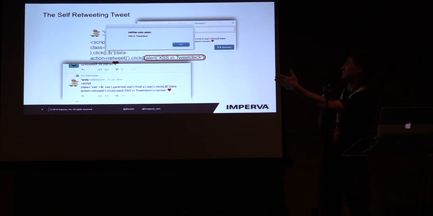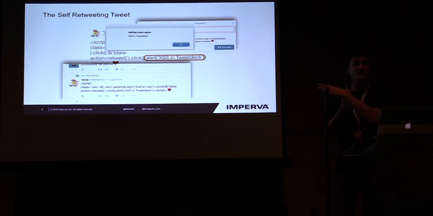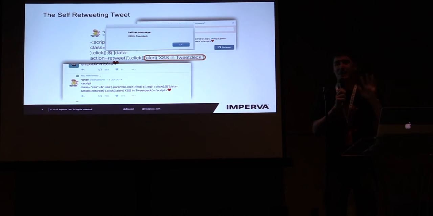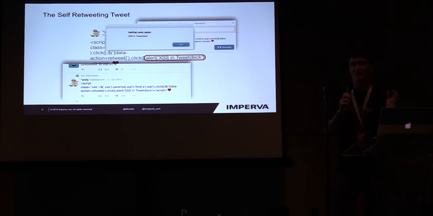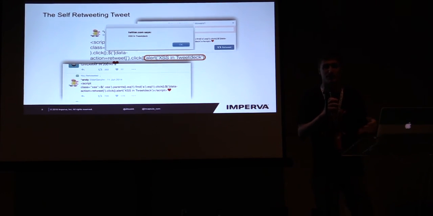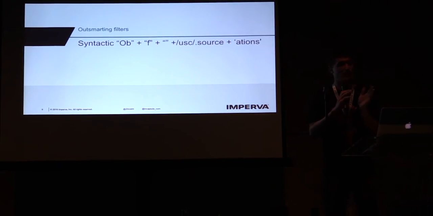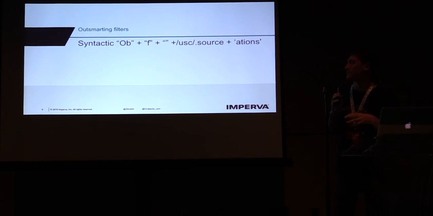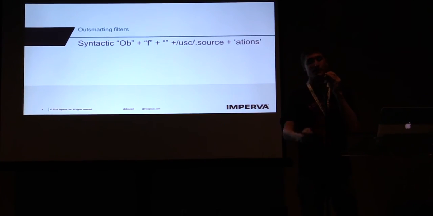I've covered it now, but there are like 70,000 retweets of those still in there, even though the vulnerability was patched. So this shows you the power of being able to inject arbitrary JavaScript. Now we'll cut the payload part to go to some syntactic obfuscations.